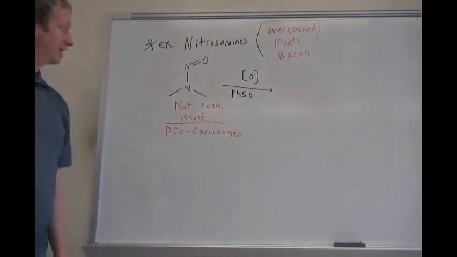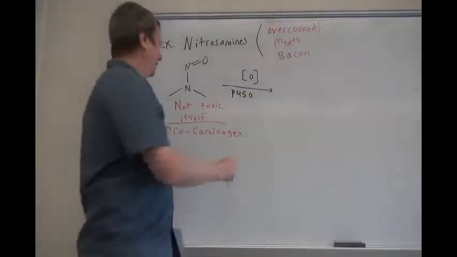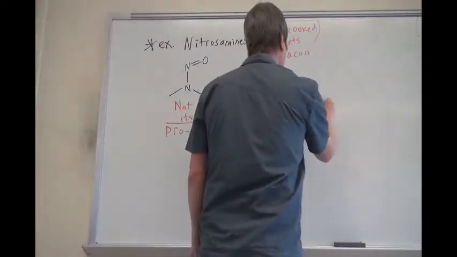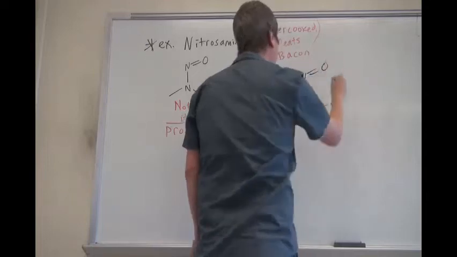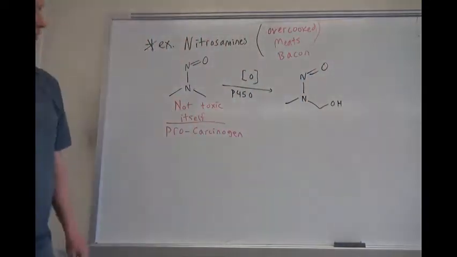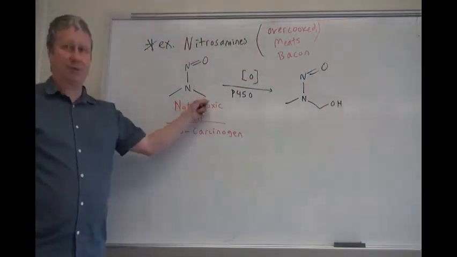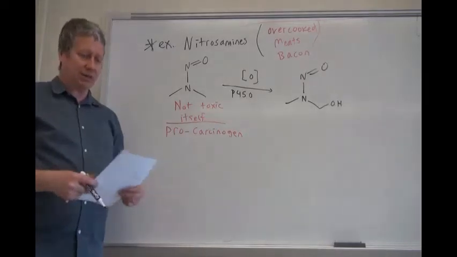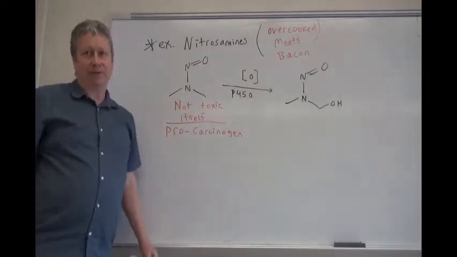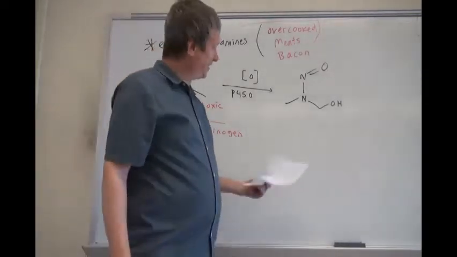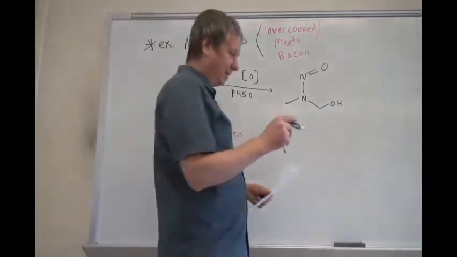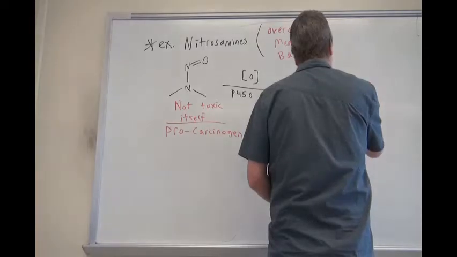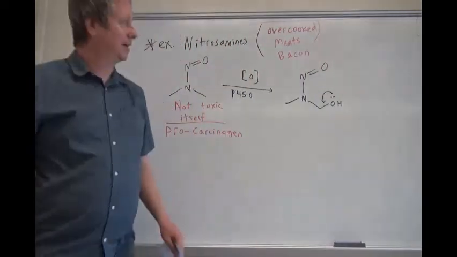Where does it get oxidized? In this molecule, it's in a weird spot. It gets on the carbon, the methyl. The neighboring carbon down there gets hydroxylated. Well, that doesn't look that electrophilic, right? It's not. If anything, alcohol is a nucleophile, right? But the thing is that this breaks off now.